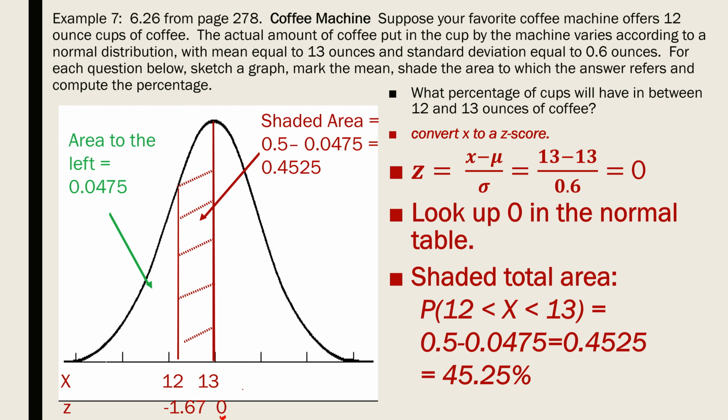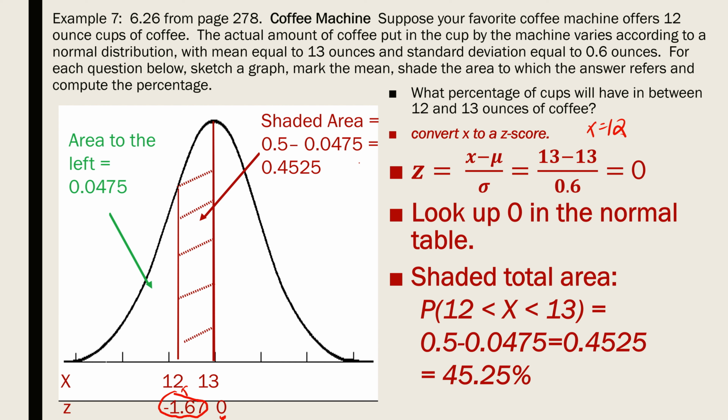Second, we need to convert when x equals 12. Using the same formula, we have the z-score corresponding to x equals 12, which is negative 1.67.